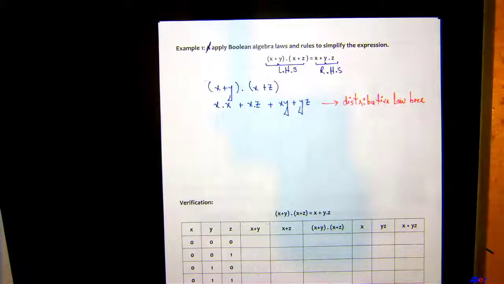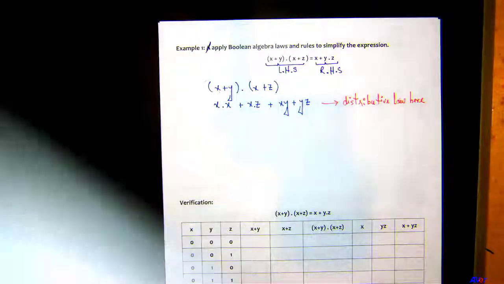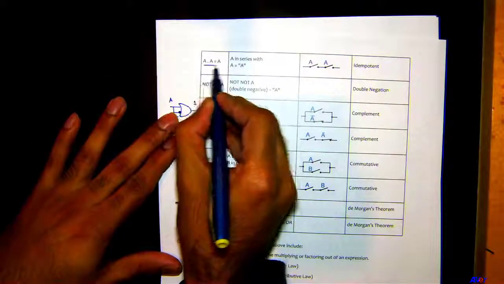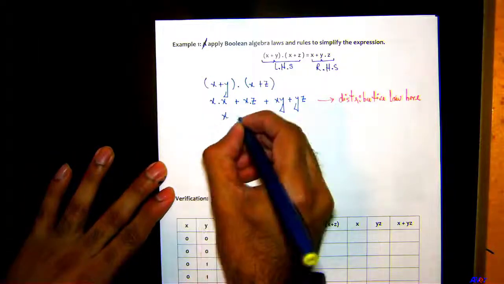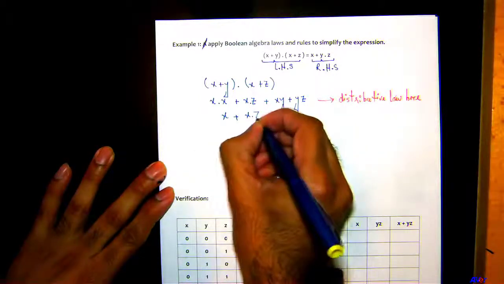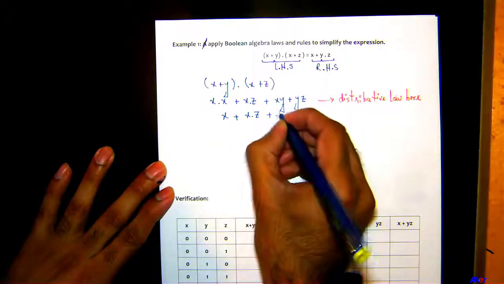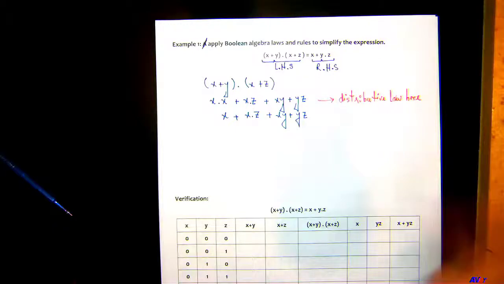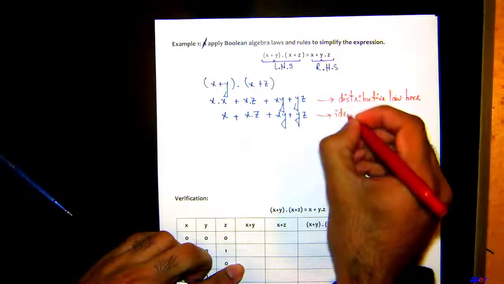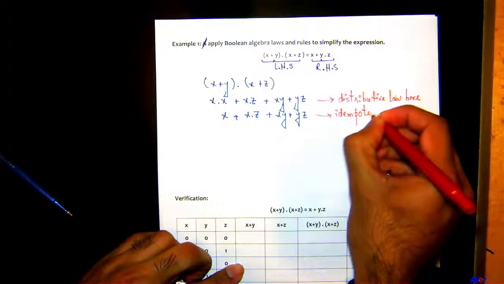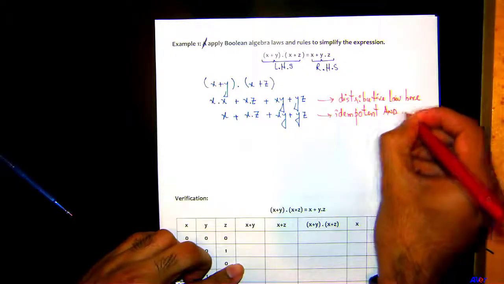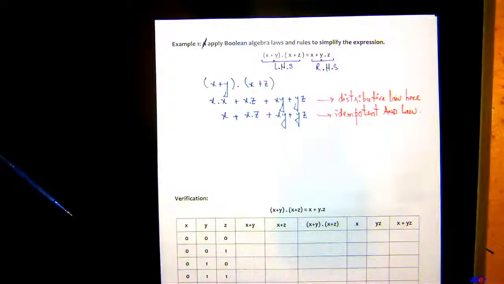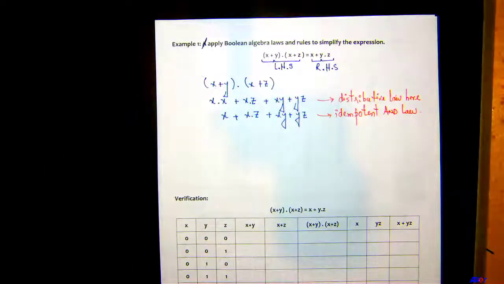What is x dot x? X. If you look at a dot a equals a, that's the idempotent AND law. So x dot x is going to be x, plus, I'm just going to keep everything else the same.